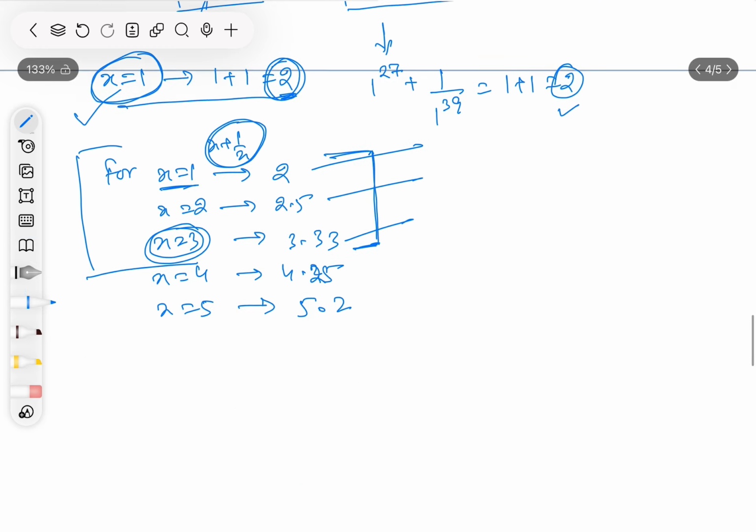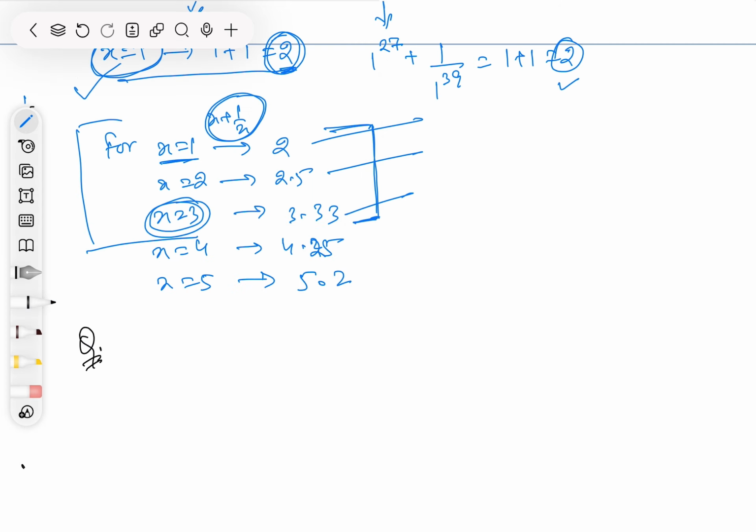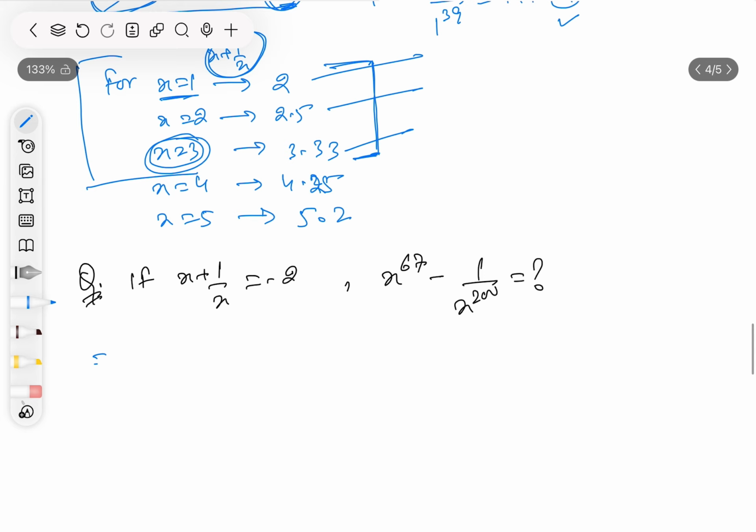In the negative also, let's see one question. If x plus 1 by x is minus 2, then find x to the power 67 minus x to the power 200. Now x plus 1 by x equals to minus 2 is only possible when you have x equals to minus 1.